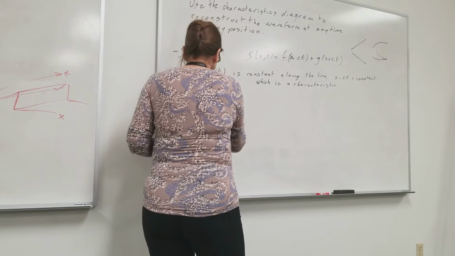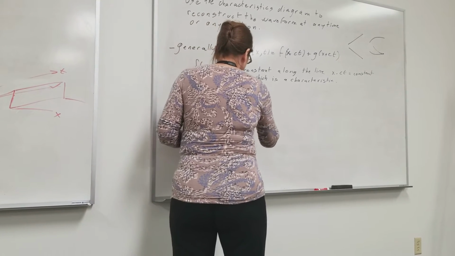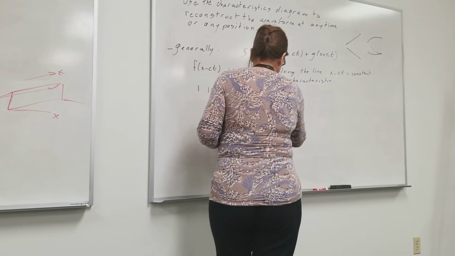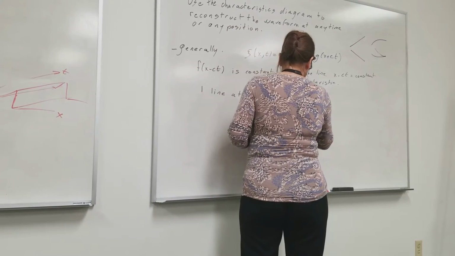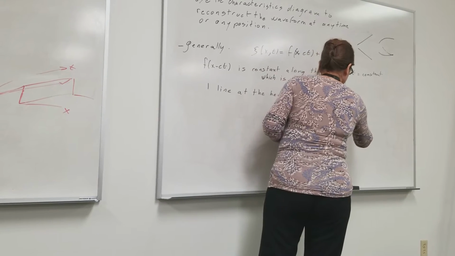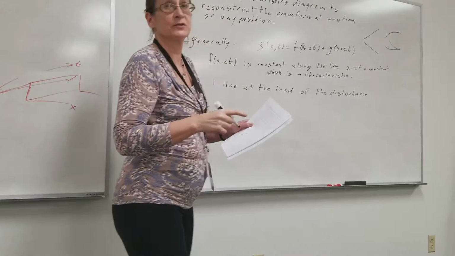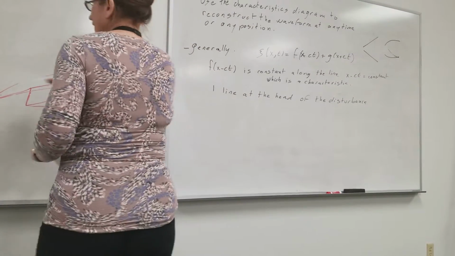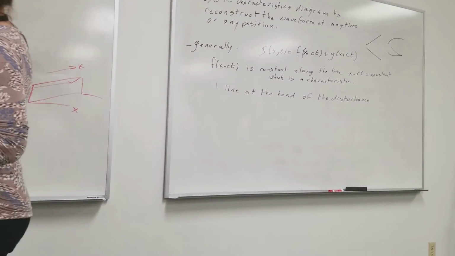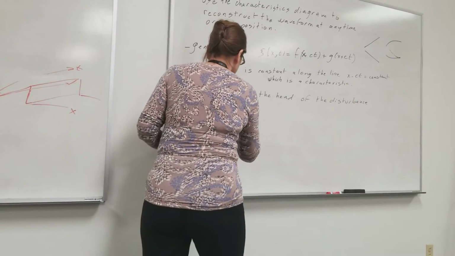Generally you'll draw one line at the head of the disturbance. Each of those lines is called a characteristic. You'll draw one at the head of the disturbance, that's this one. You'll draw one at the tail of the disturbance.